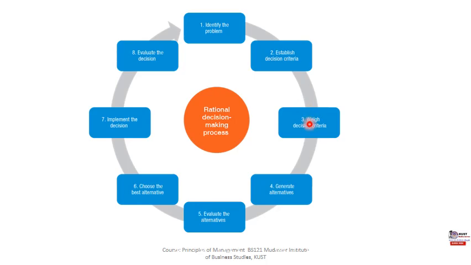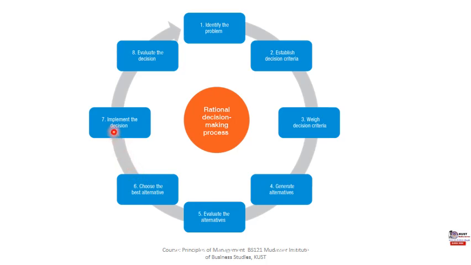In the third step, we allocate weights to the decision criteria. In the fourth step, on the basis of decision criteria and allocation of weights, we generate alternatives. In the fifth step, we evaluate the alternatives. In the sixth step, we choose the best alternative available to us.